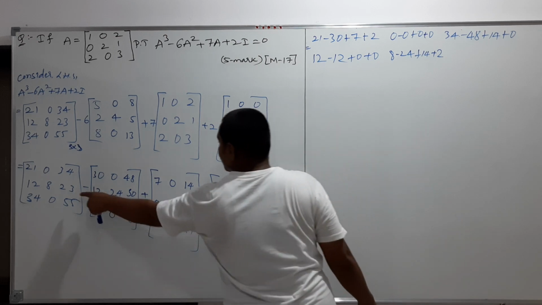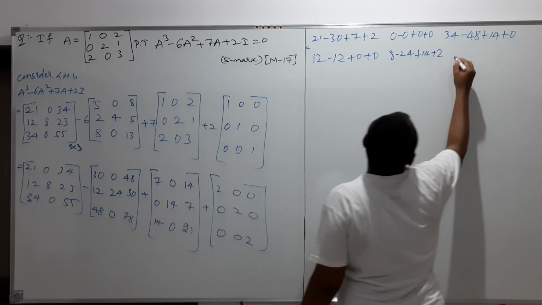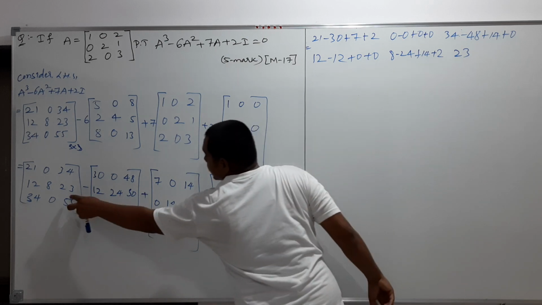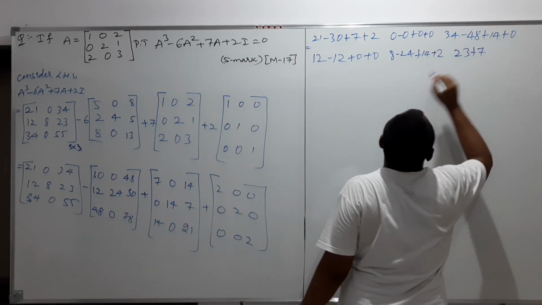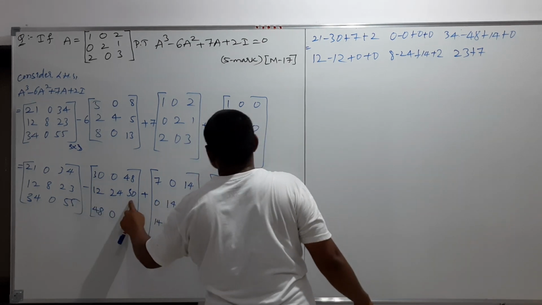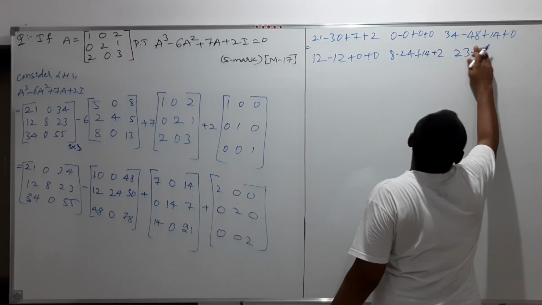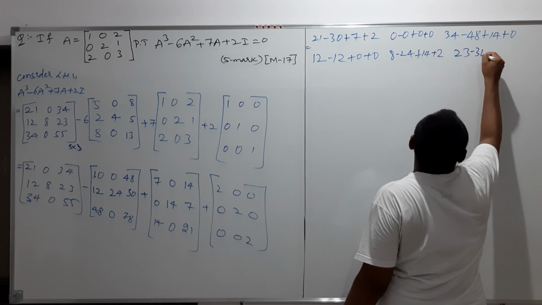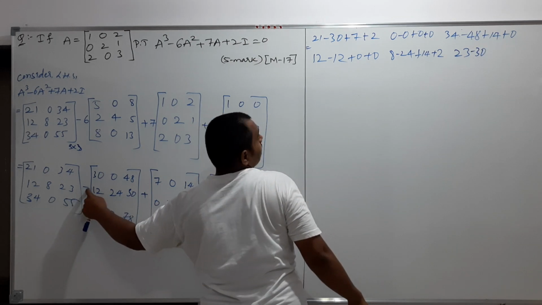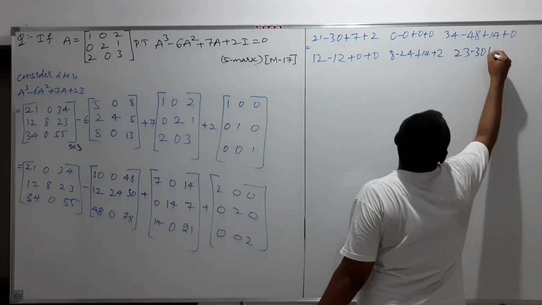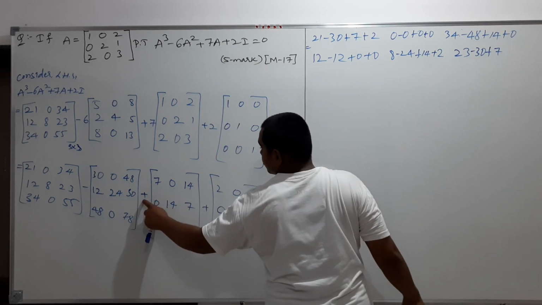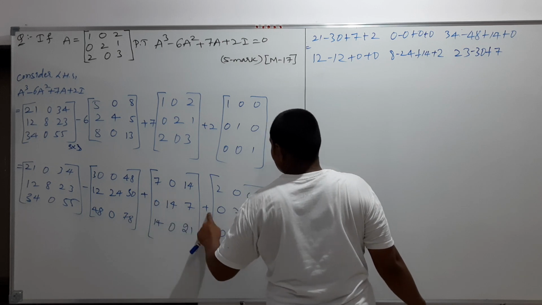Next, my dear students, 23 minus 30 plus 7. Sorry, here it is: 23 minus 30 plus 7 plus 0.